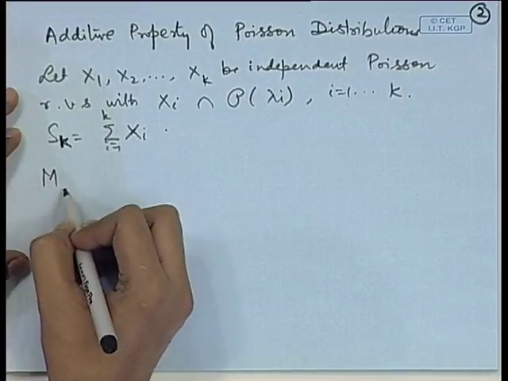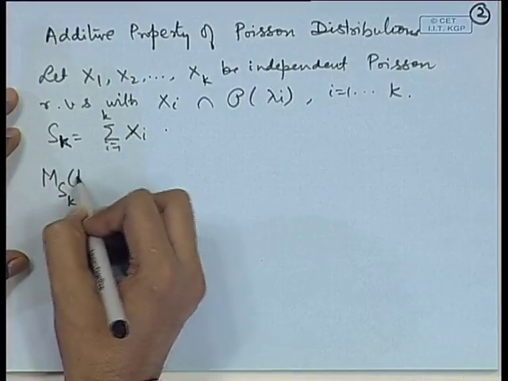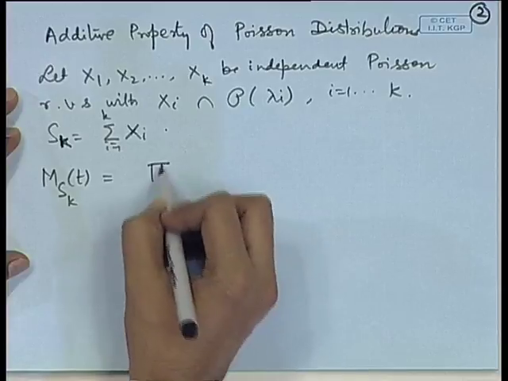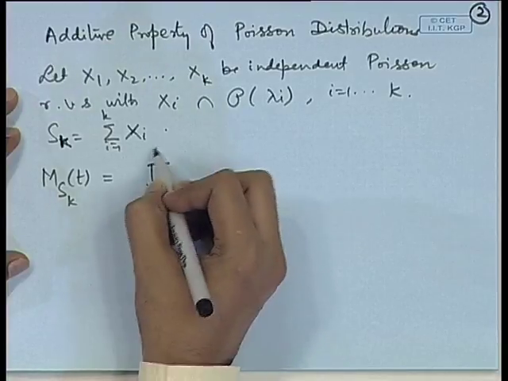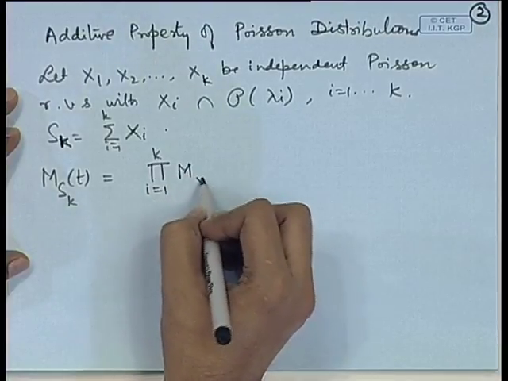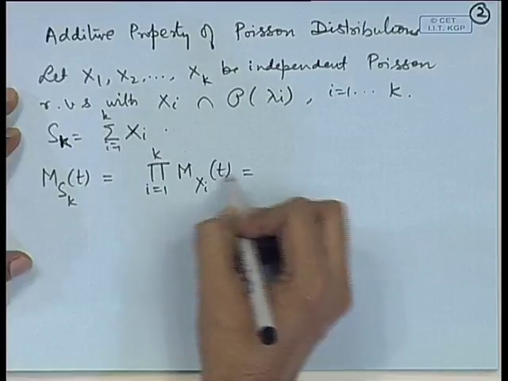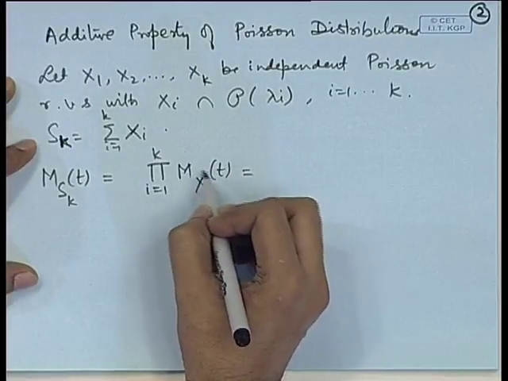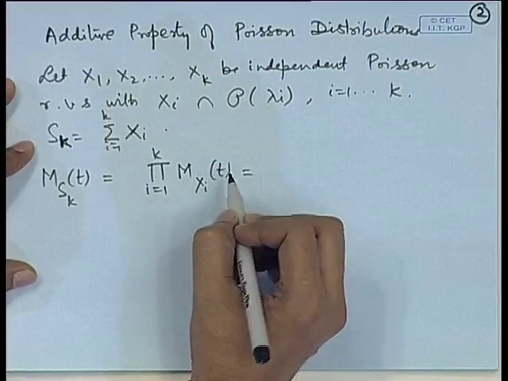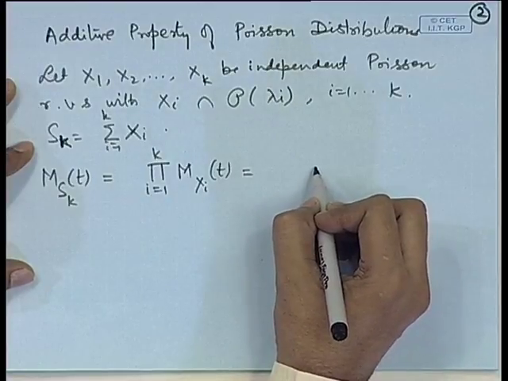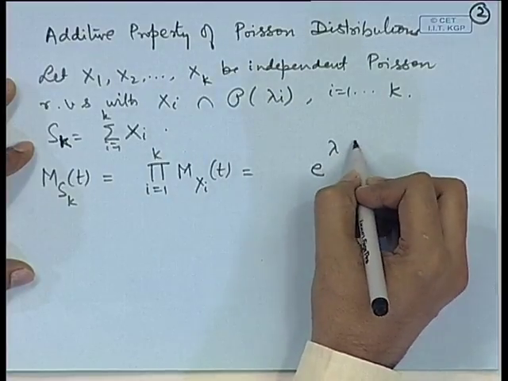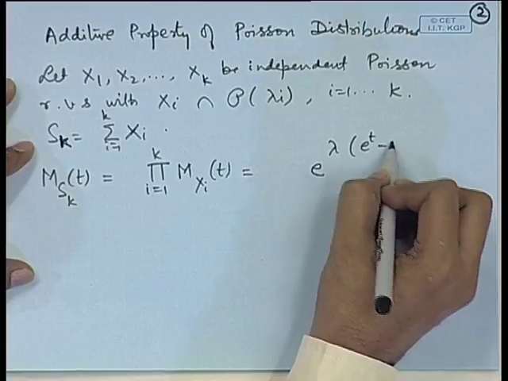By the independence we can use that the moment generating function of a sum is equal to the product of the moment generating functions. Now, the moment generating function of a Poisson distribution with parameter lambda is given by e to the power lambda (e to the power t minus 1).